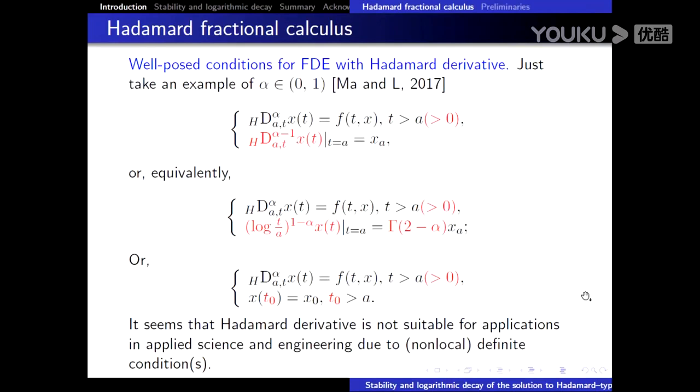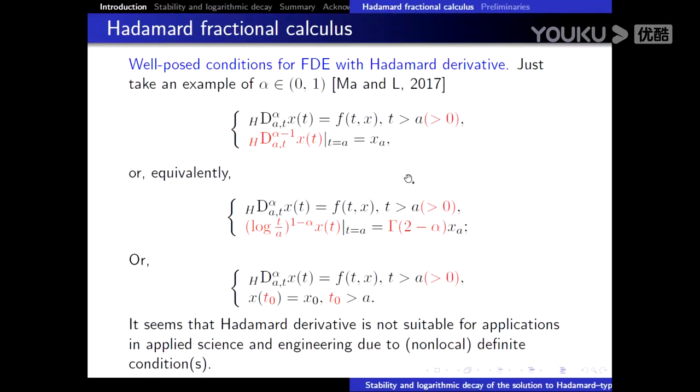Now we have the definitions of the Hadamard derivative and the capital Hadamard derivative. How to pose the conditions for such kinds of differential equation? We just take a simple example of alpha in this interval. This is the Hadamard derivative. This is the integral initial value condition. Now this is all equivalent, it gives like this.